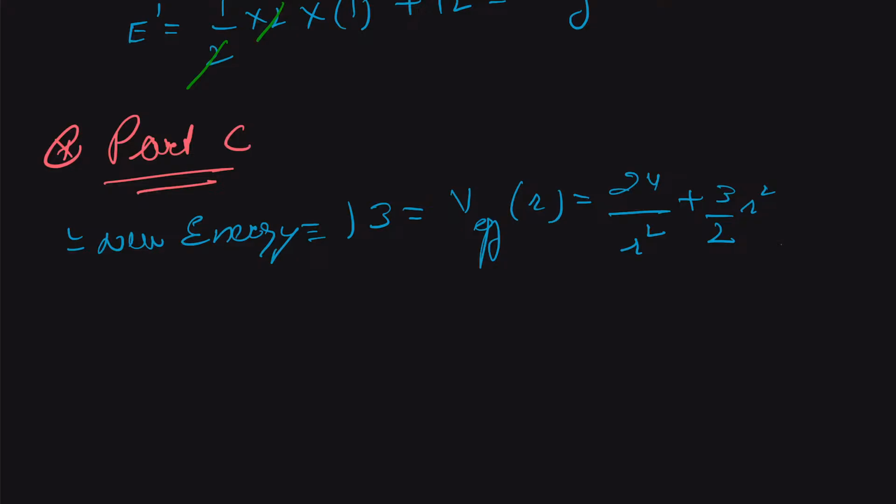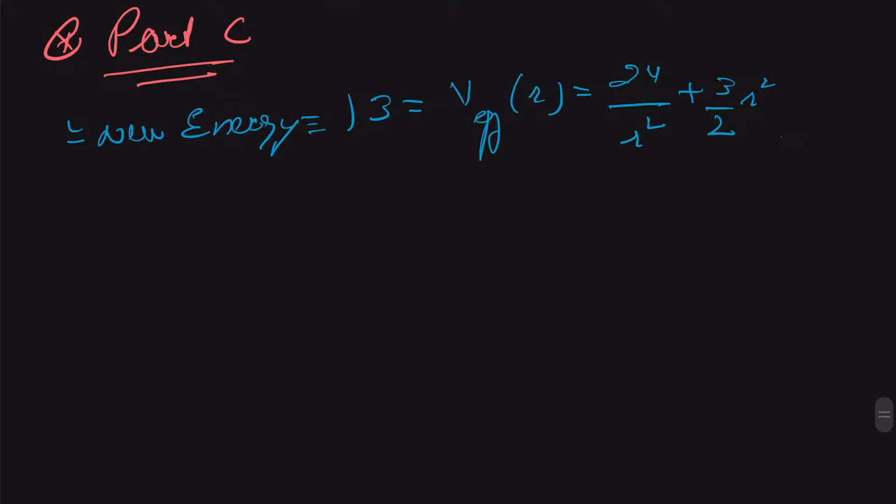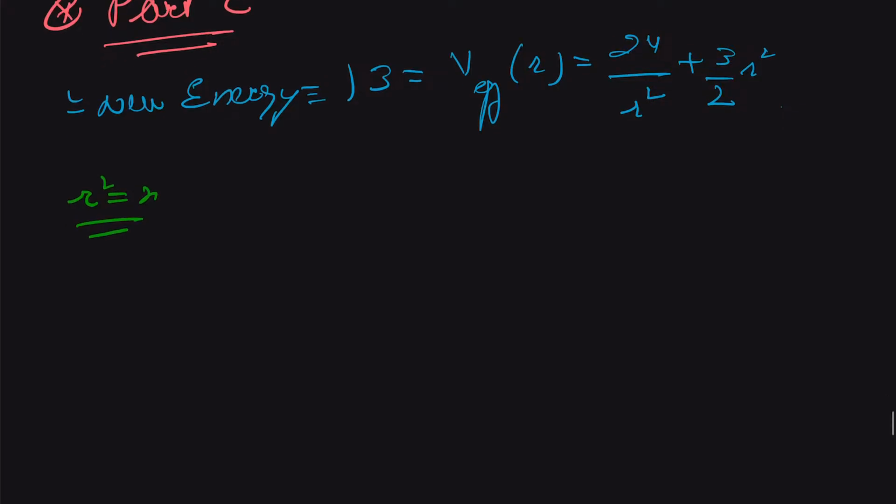So from here we can find out a value of our r, and for the sake of convenience let us assume that our r square is equal to x, because it will be quadratic in x. So we get this as 24 upon x plus 3 by 2 times x is equal to 13, and so this gives us 3x square minus 26x plus 48 is equal to 0.